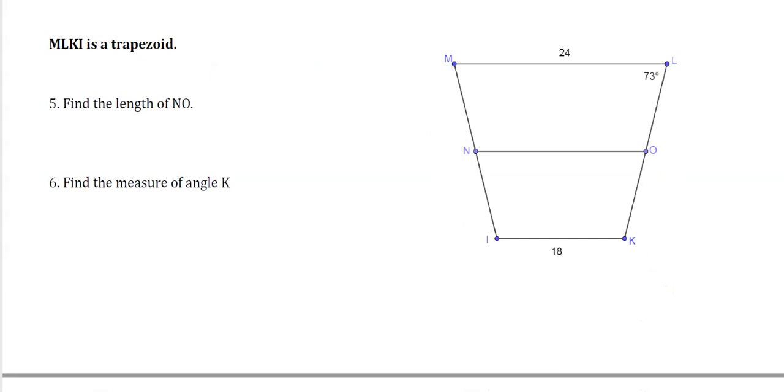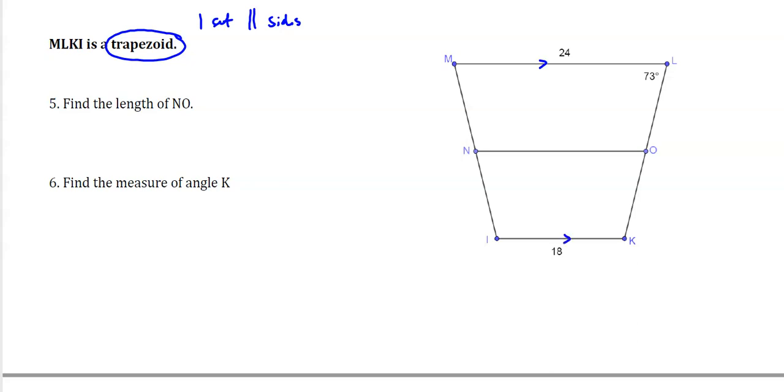We got a trapezoid on our hands. So what do we know about a trapezoid? Not much. A couple key facts of a trapezoid are we have one set of parallel sides. On this problem, it appears that it's ML and IK, milk.